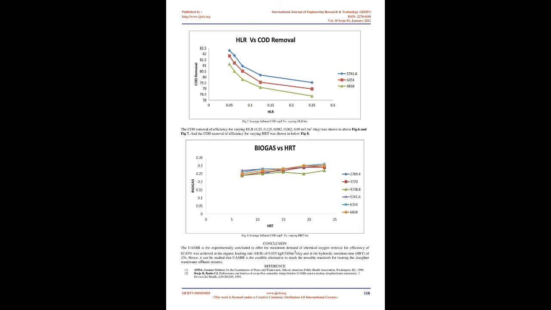Under each operating condition, influent and effluent COD and amount of gas were observed using the standard method of analysis. The average values of biochemical characteristics of slaughter wastewater effluent are listed in.